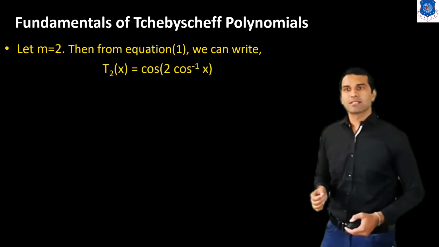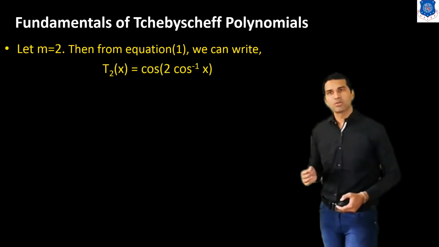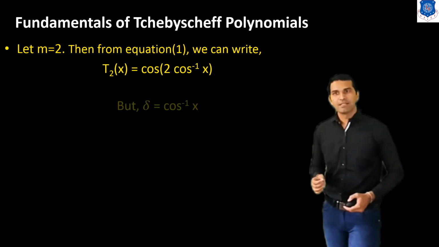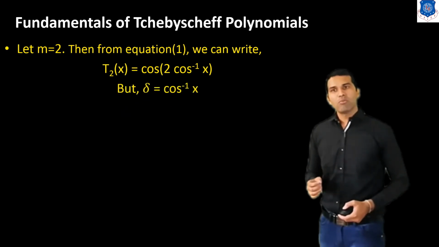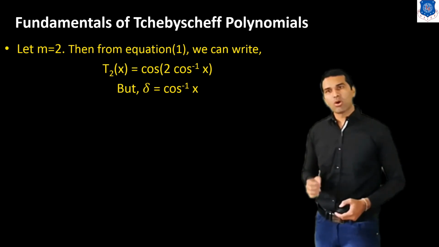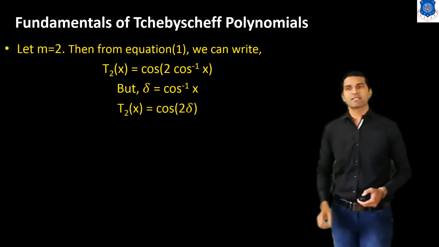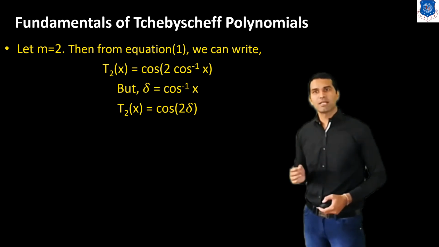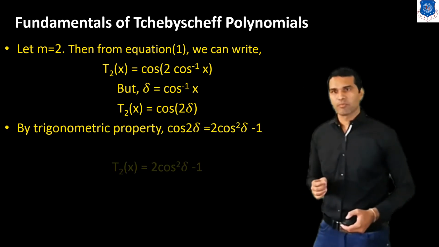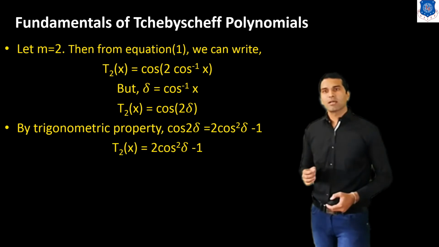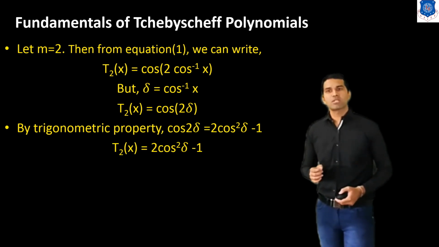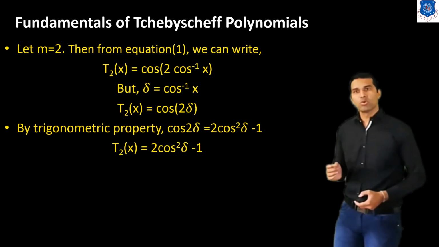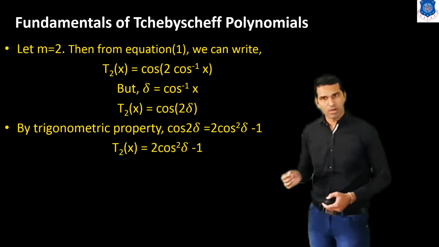Then T2(x) equals cos(2 cos inverse x), which is cos 2 delta, because delta equals cos inverse x. By the trigonometric identity, cos 2 delta equals 2 cos square delta minus 1.